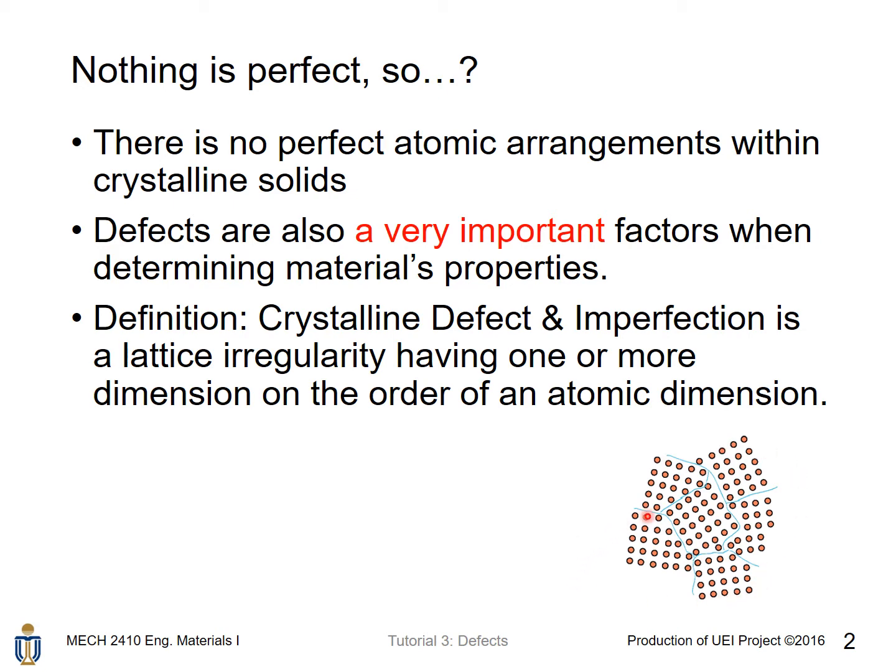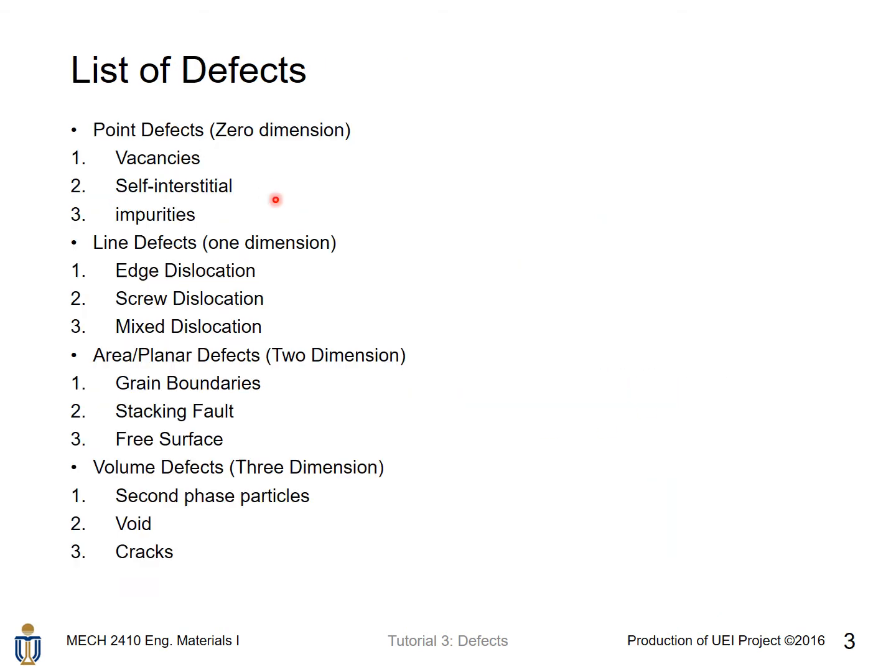It is because even though they have the same atomic arrangement, at different regions of this material the atoms are arranged in a different orientation, which represents the imperfection of atomic arrangements within these crystalline solids. Here is a list of defects: point defects, line defects, area or planar defects, and volume defects.